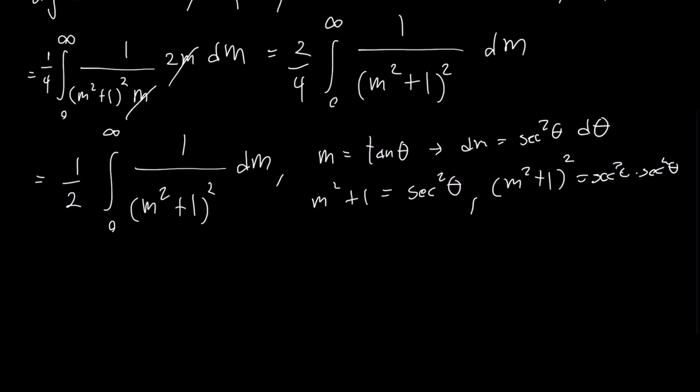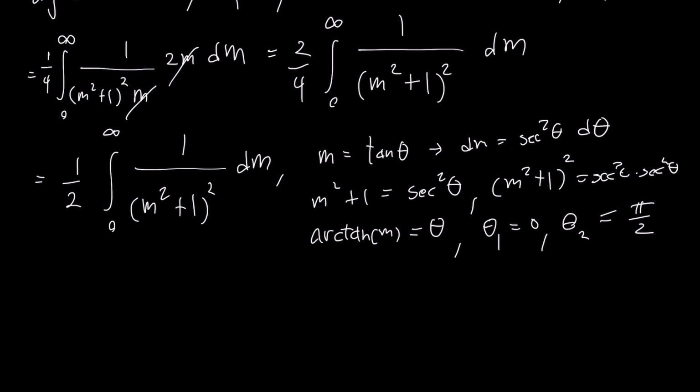And if we solve for theta, we have the arctangent of m is theta, and at the bounds we have theta sub 1 is the arctangent of 0, which is 0, and theta sub 2, as m approaches infinity, this limit tends towards pi over 2. So theta ranges from the closed interval from 0 to pi over 2.